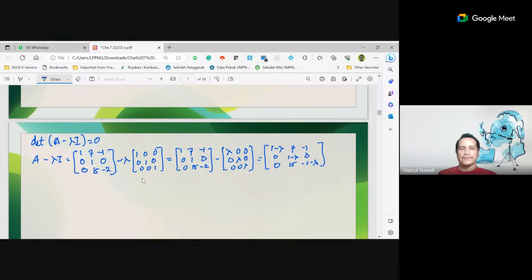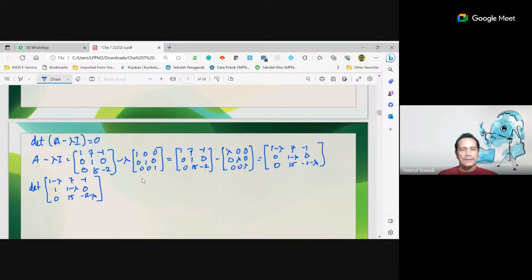Okay, we get A minus lambda identity. So we calculate the determinant of this matrix.